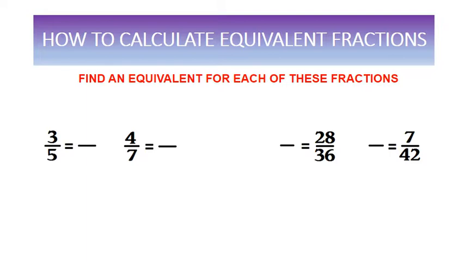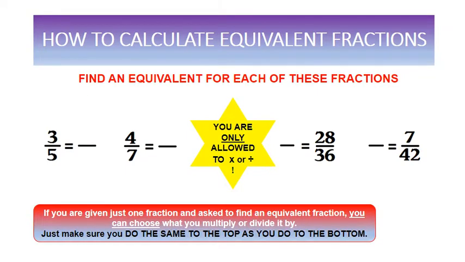But before we start, we need to understand certain rules with this. The first one being that when we're working with equivalent fractions, we are only allowed to multiply or divide, never add or subtract. Also, if we're given a fraction and asked to find an equivalent and we haven't been given any other information, we can decide whether we multiply or divide it, and also what we multiply or divide it by.